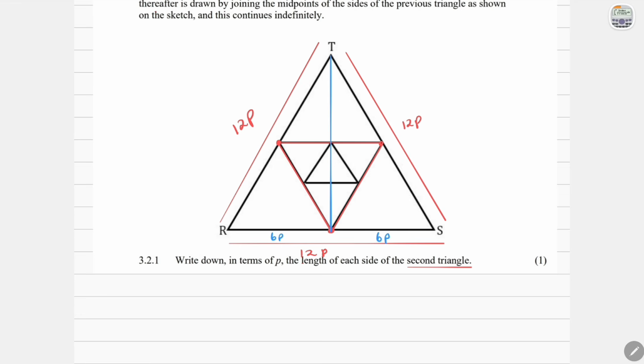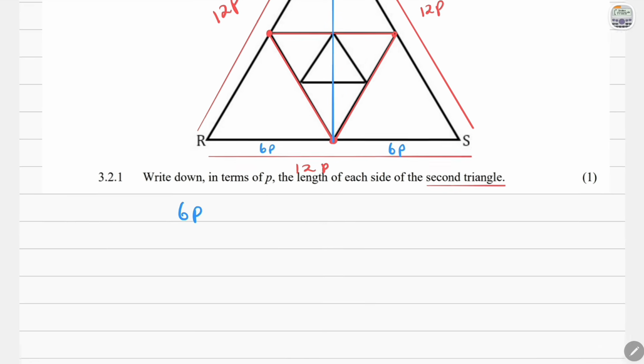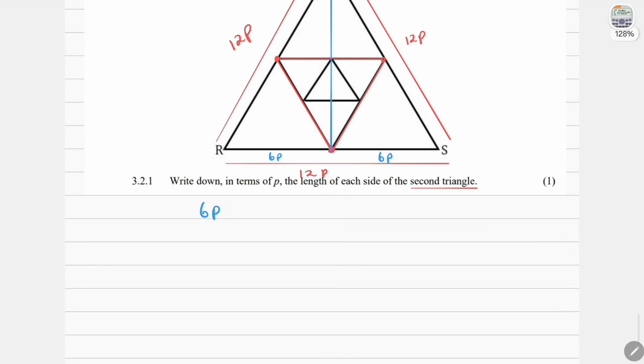And these are all equilateral triangles. So all the sides would have a length of 6p units for this triangle. And then it will also just be divided by 2 again, 3p units for this little triangle. So the second triangle, each of them will have a length of 6p units. And that is our answer in terms of p.